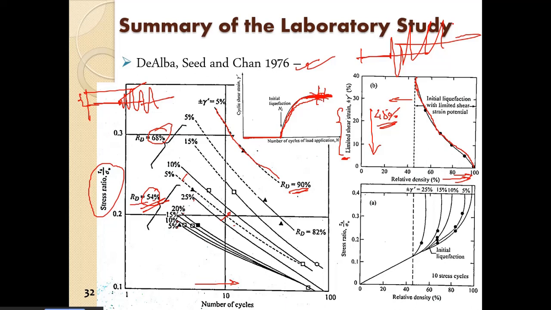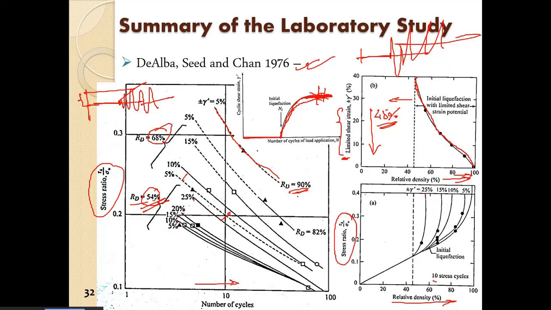That is what they came up with, and they plotted the various stress ratios for various relative densities, for different strains. These are the strain limits.